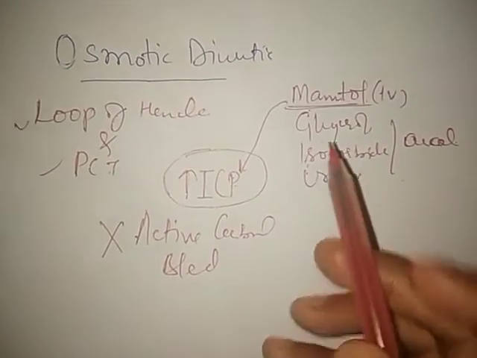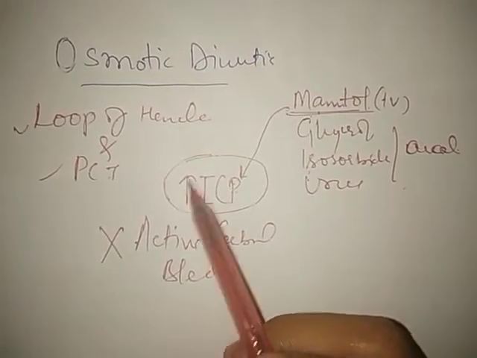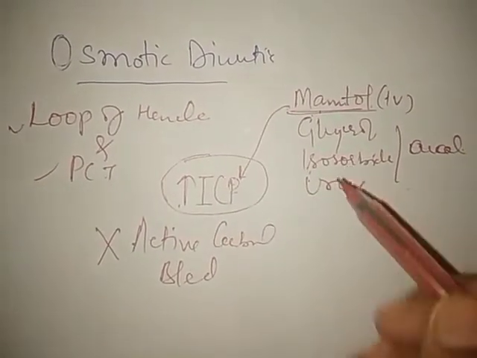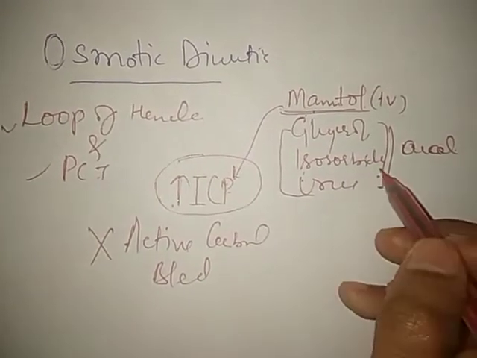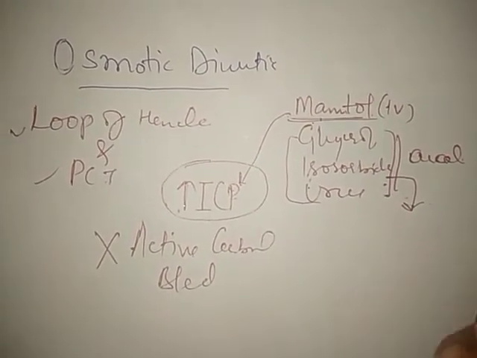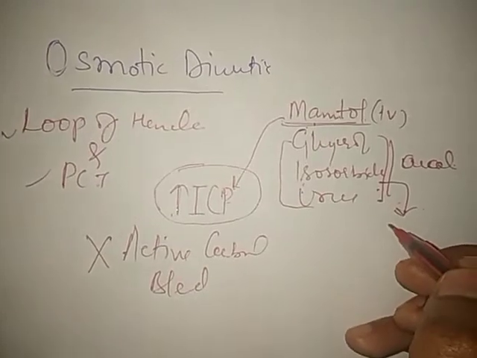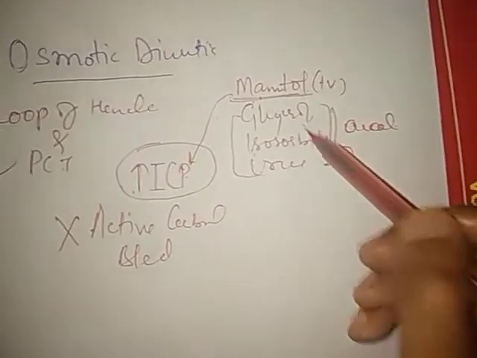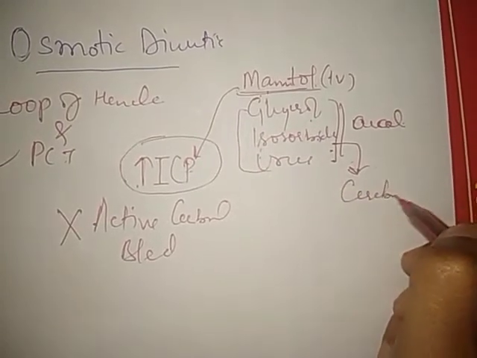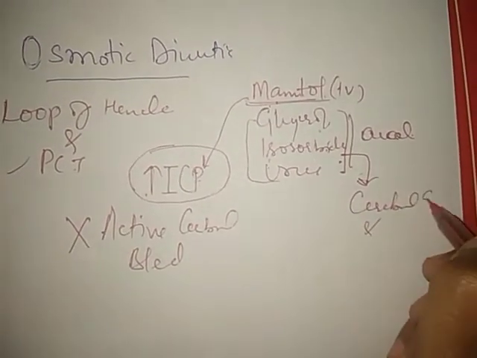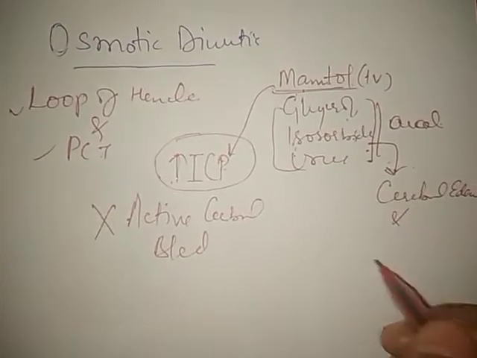So mannitol is given in raised intracranial pressure, while glycerol and isosorbide are given orally for the treatment of cerebral edema and glaucoma.